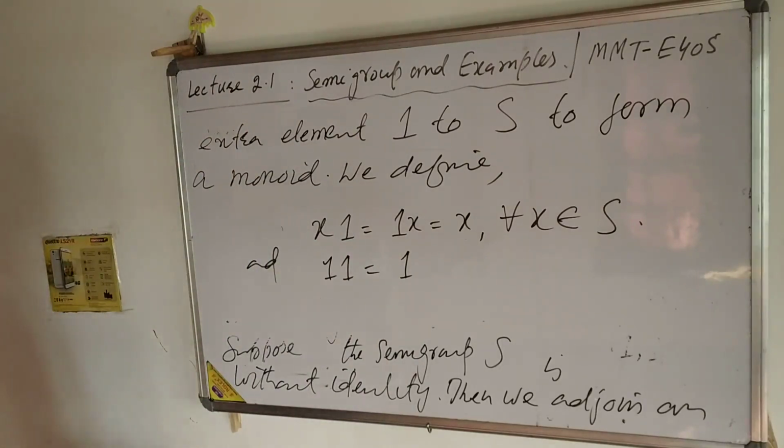Now you can easily verify that S union 1 is a monoid.